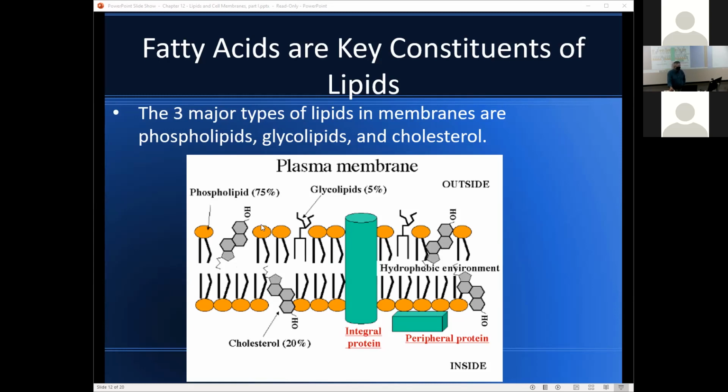So about 75% are going to be phospholipids, like this here. About 5% glycolipids. Again, glycolipids, notice they're only going to occur in the outer leaflet of the plasma membrane. And then we have cholesterol. Cholesterol is about 20%. We actually see cholesterol inserted right into the phospholipid bilayer.